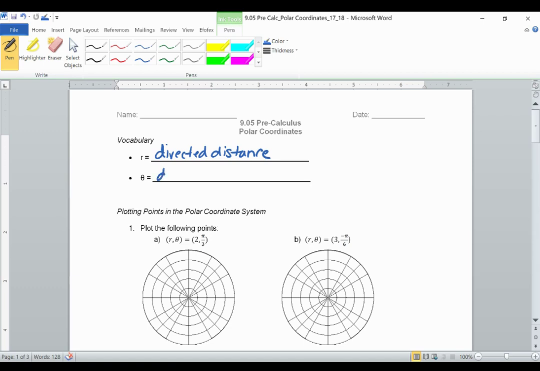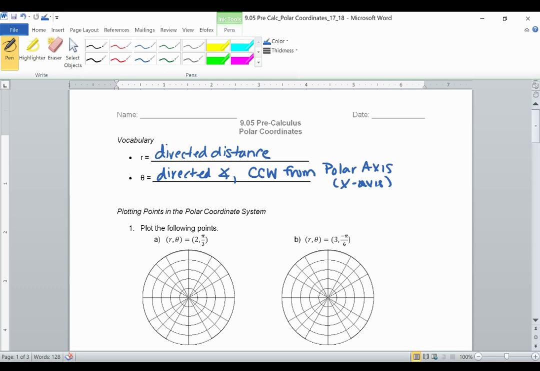And theta is our directed angle. And you always measure that, just like we always have, counterclockwise from the x-axis, but now we're going to be talking about it as the polar axis. But to you guys, you've always known that as the x-axis, because this is a totally different grid.